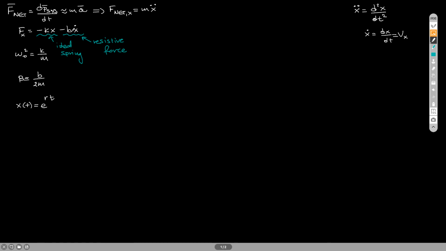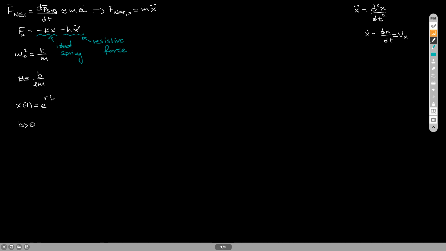Now, b is a parameter that is positive. Okay, so I will make a note. That's a positive parameter. And I have the minus sign in front of this term. Since I have the minus sign, this force is always pointing opposite to velocity. If the velocity is positive, then the whole thing will be a force pointing in the negative direction.